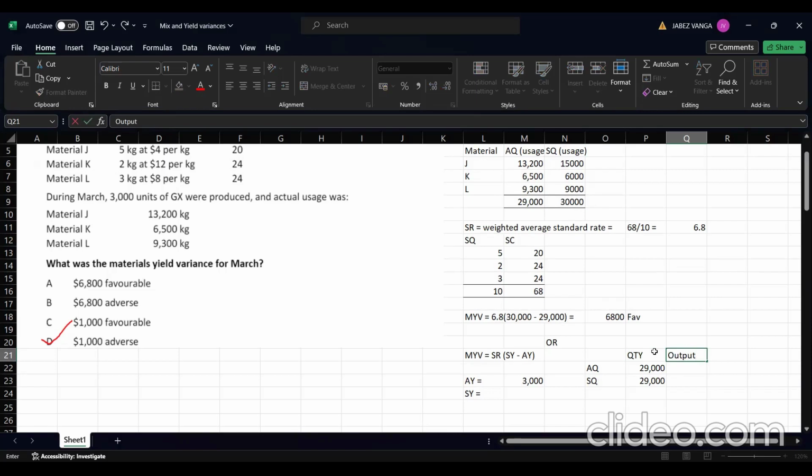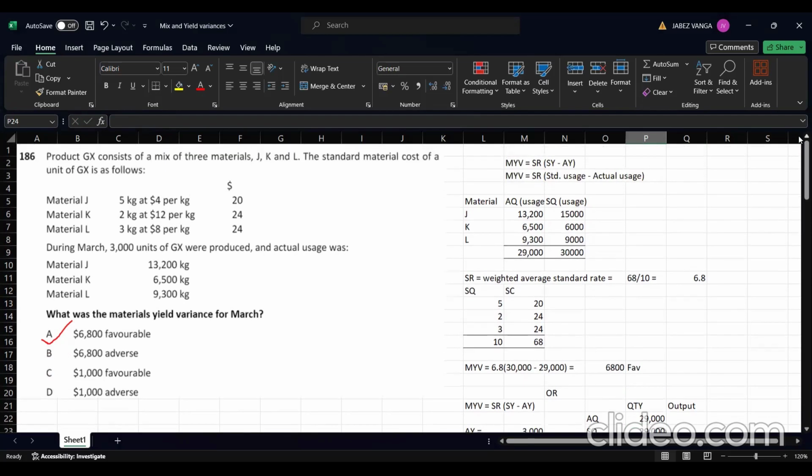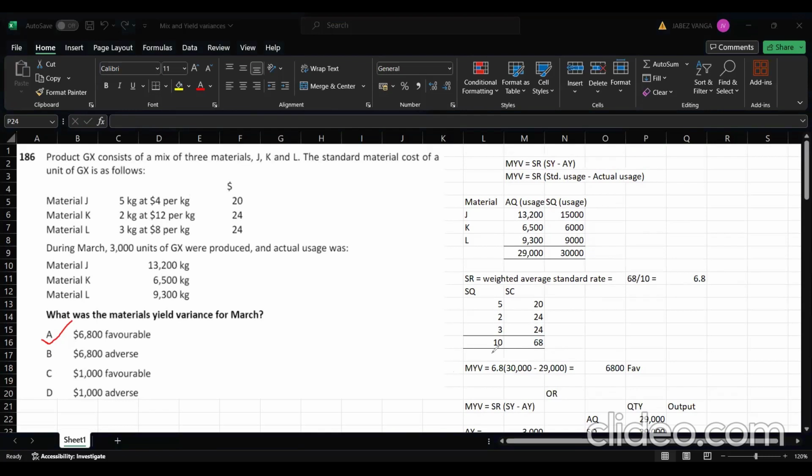For the standard quantities, 10 kgs of input is required to make one unit of the output, the standard material cost of a unit of GX. So for 1 unit, the total quantity consumed is 10 kgs.